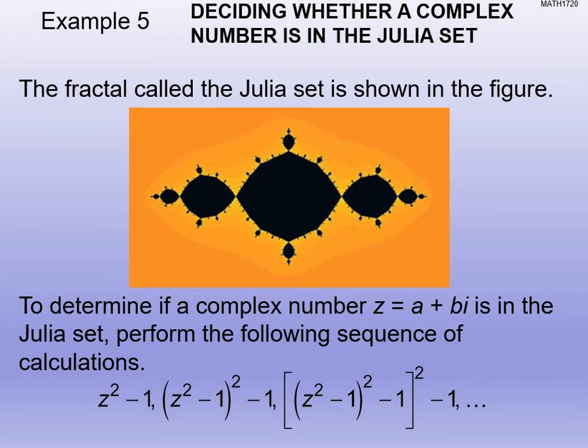You go z squared minus 1, then z squared minus 1 quantity squared minus 1, and then we have a whole pattern that we continue. Really, we just keep squaring and rewriting the set.